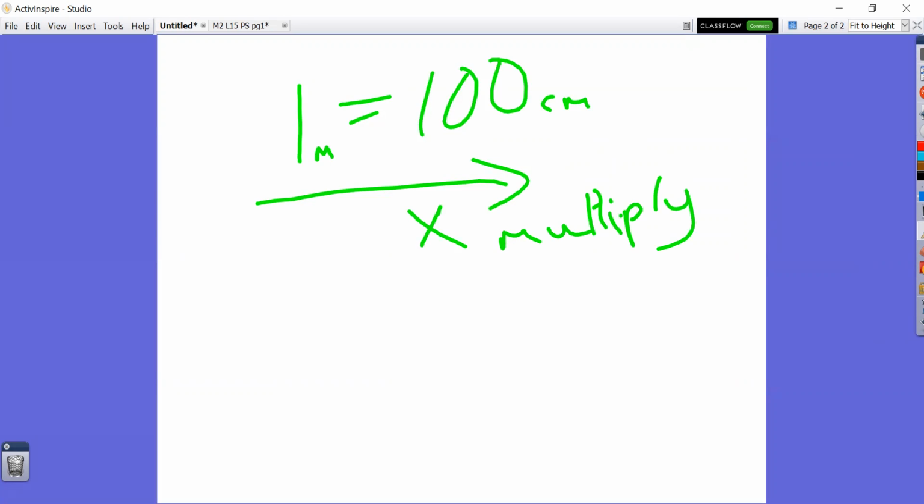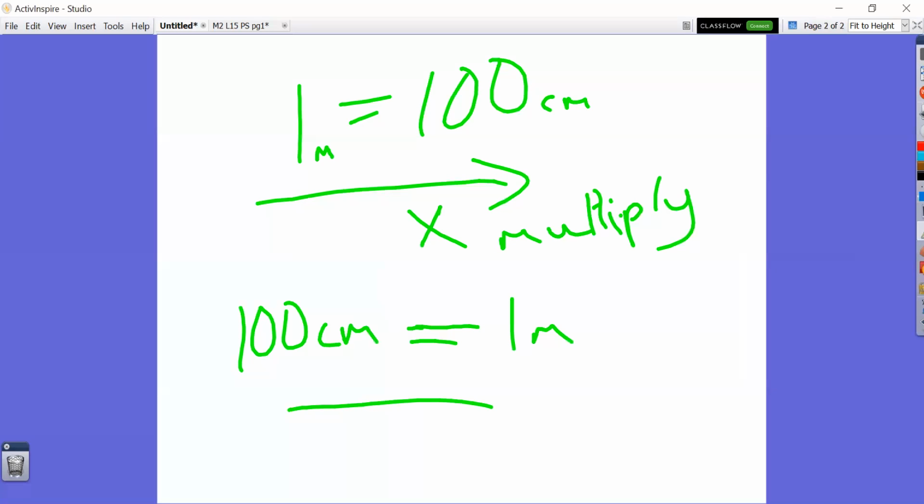But if they're asking us to go from centimeters to meters, well, our number's getting smaller, which indicates that we're using larger units. So this is where we're going to be dividing, using our knowledge of dividing.